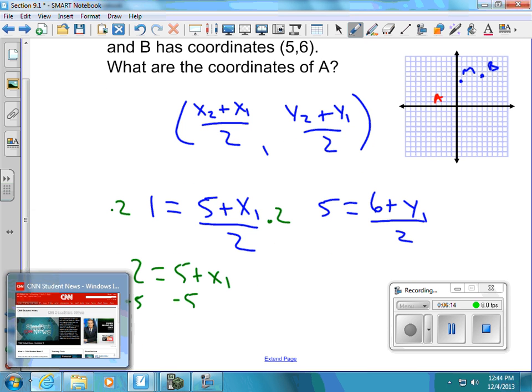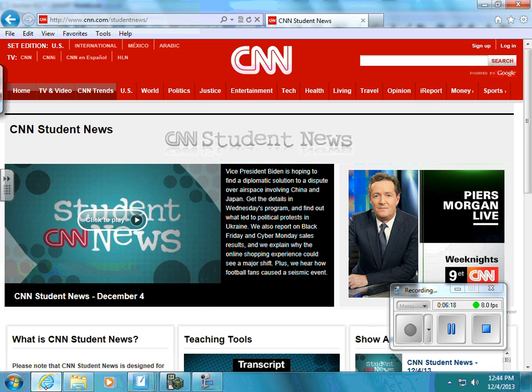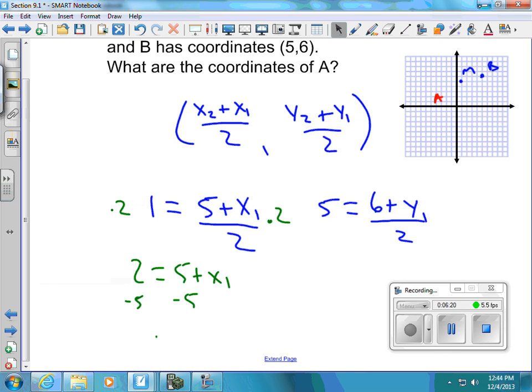We end up with negative 3 equals x sub 1. And over here, if we do the same thing, multiply by 2, we get 10 equals 6 plus y1. Subtract 6.